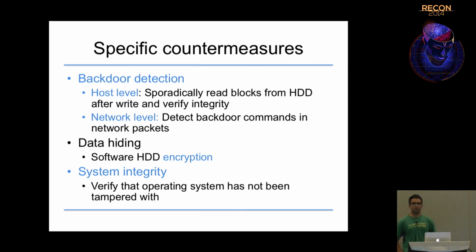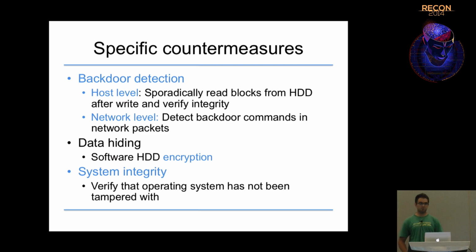You could also try network level detection. If you know the backdoor command, then you can find it on the network level. But this is most likely going to be used as a targeted attack, so you don't know exactly which backdoor command is going to be used against you, and network detection is going to be quite hard.